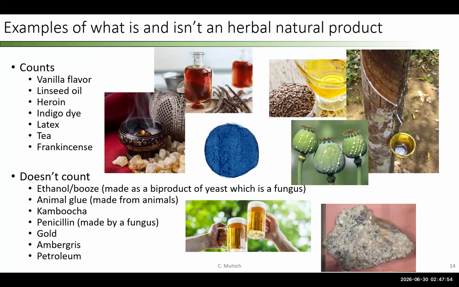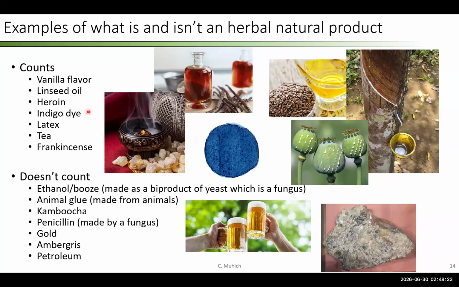Well, vanilla flavor is obviously coming from vanilla beans. Linseed oil comes from linseed. Heroin comes from the poppy plant, is the resin of the poppy plant. Indigo dye comes from the indigo plant. Latex is a resinous material that comes from a tree, so that counts.